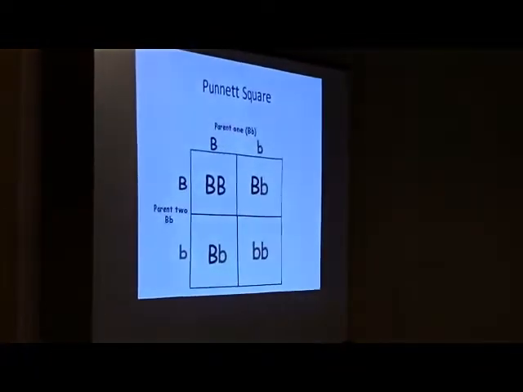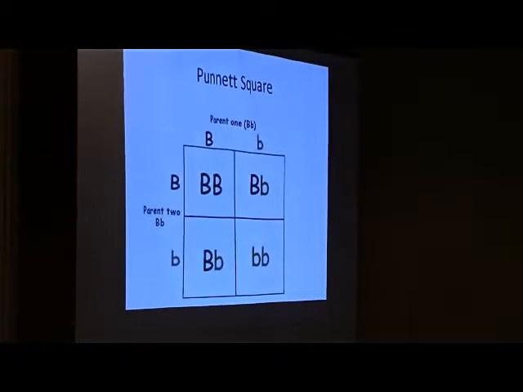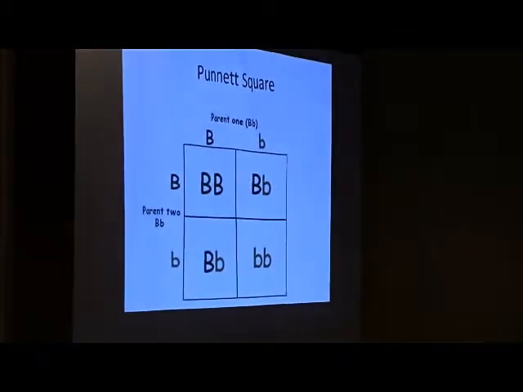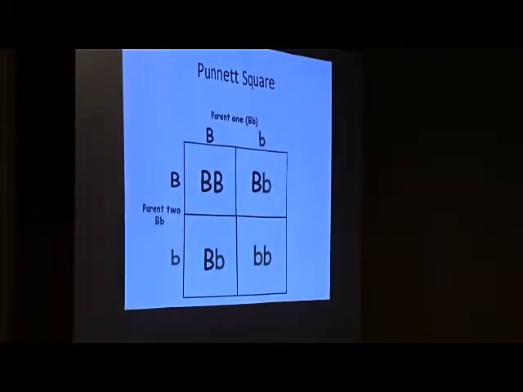This shows the proportion of animals that we're going to get with these three genotypes: 25% are going to be homozygous for big B, 25% homozygous for the little b, and 50% are going to be heterozygous like their parents. Okay, that's just part of the story.